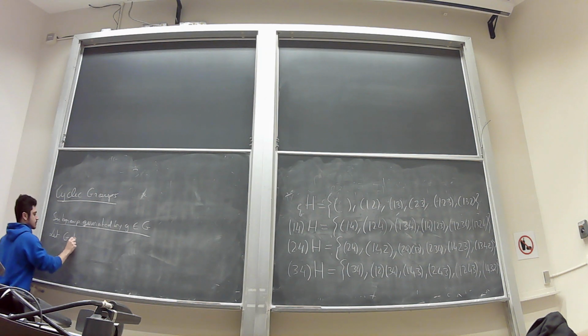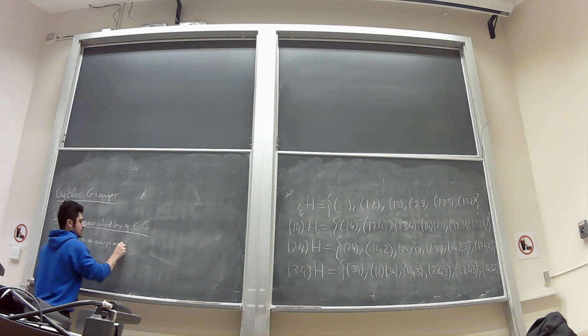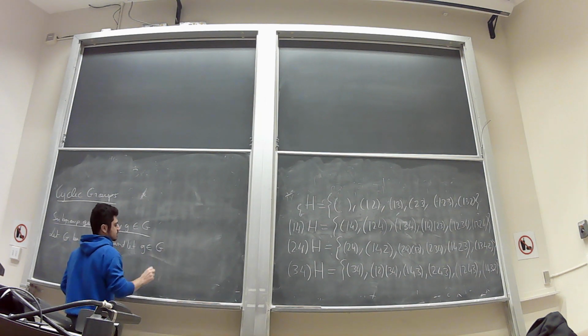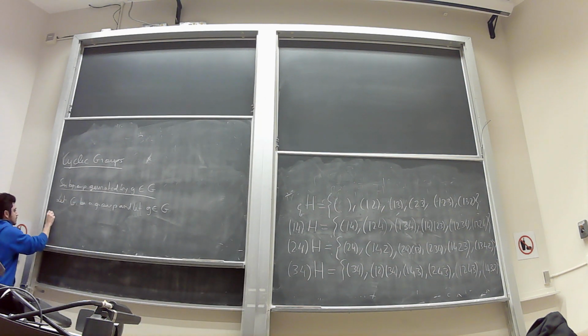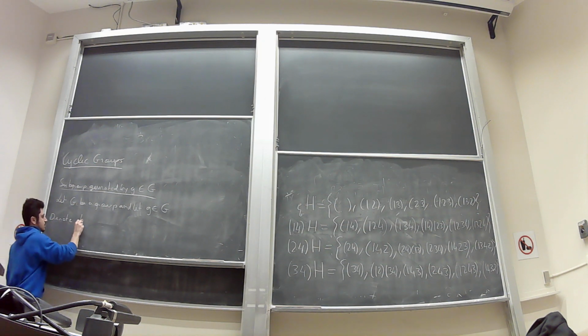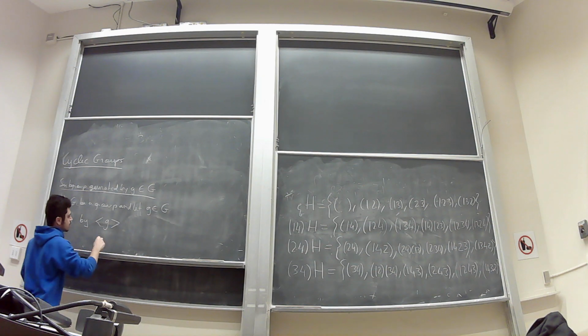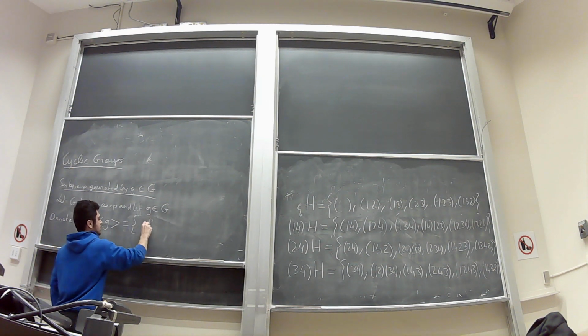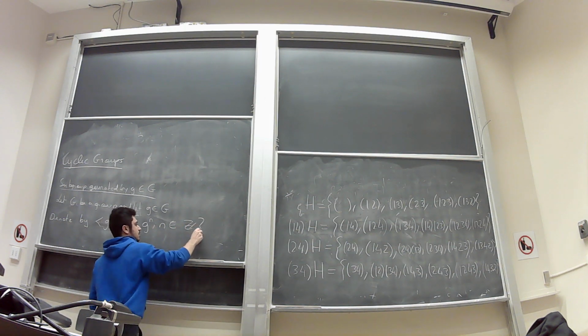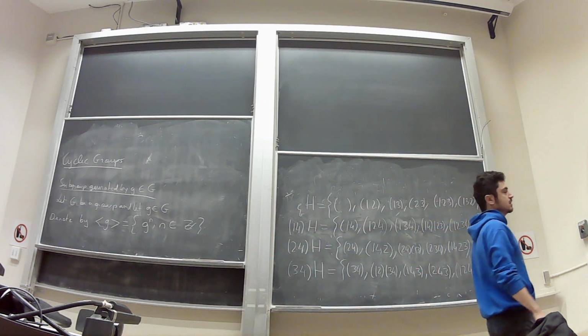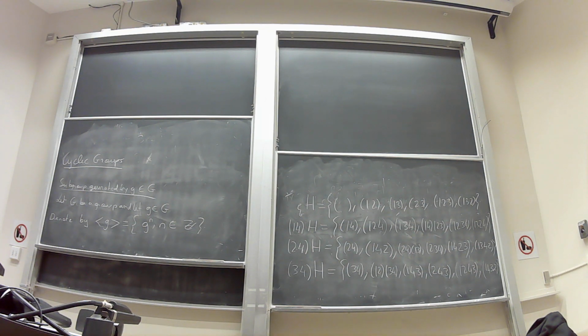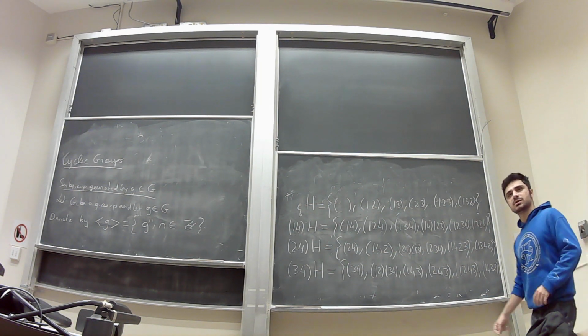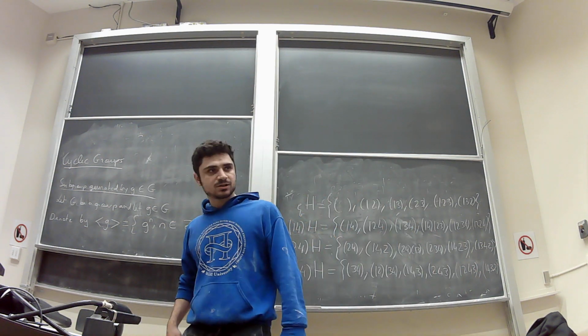So let G be a group, and let g be in G. Denote by angled brackets g the set g to the n as n is in Z. So you have g, g squared, g cubed, g to the 4, 5, 6, 7, 8, 9, 101, g to the minus 10 million, all the powers of g, including negative powers.